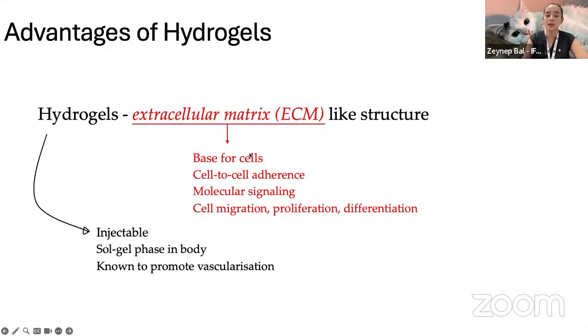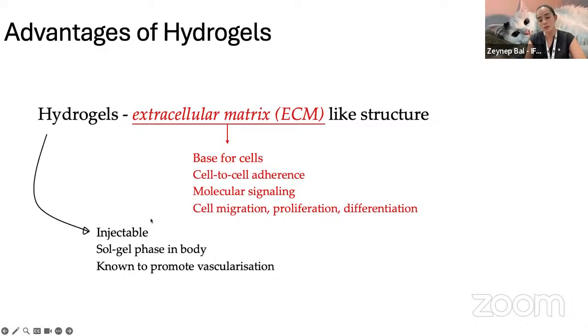So this is a base for cells, and it also provides cell-to-cell adherence, so the cells can communicate with gap junctions, which causes molecular signaling, and by this they can control or direct cell migration, proliferation, and differentiation. And hydrogels mimic this structure.